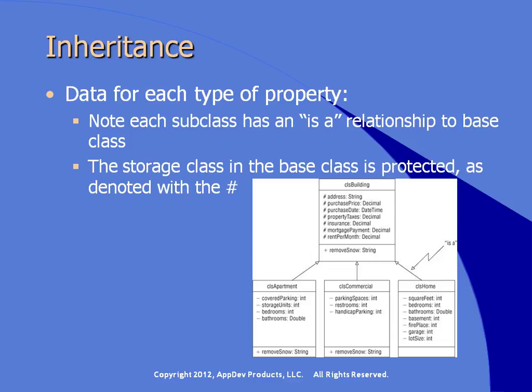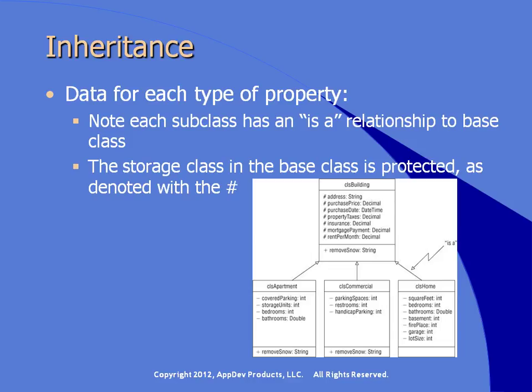You'll notice at the side a little arrow pointing to the three arrows going to the classes, and it says "is a." So what we're saying is class home is a building. We're saying class commercial is a building. And we're saying class apartment is a building. What we're doing with this modified UML light diagram is showing the dependency of the subclasses on the base class and establishing the relationships that exist.